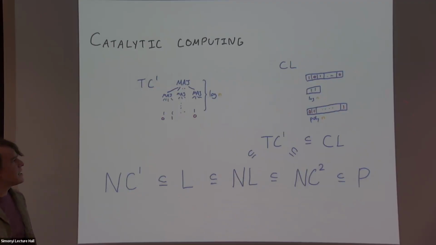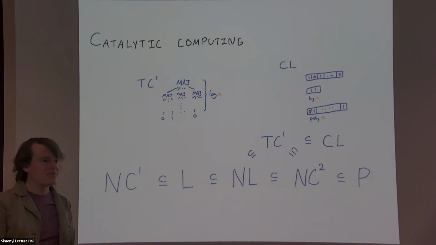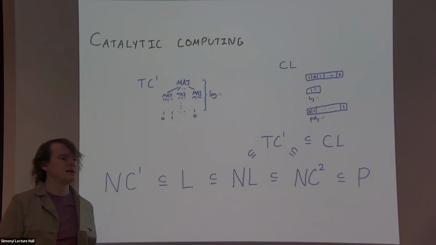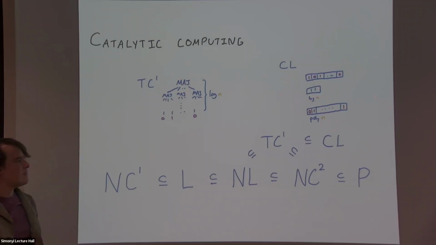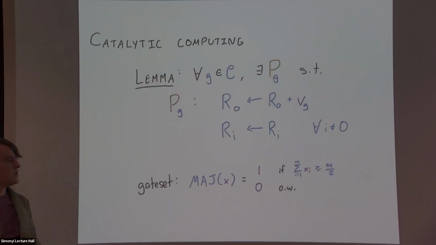And the reason that this helps you is because you can think of your register space as being this catalytic tape, which is completely filled in, because all of the programs that we design are agnostic as to what's already in the registers. So at the top level, you can allocate just a little bit of your working memory to be that register to get your answer written in pure space. And all the rest of the computation is going to happen inside this polynomial length catalytic tape. So that's the power of this kind of lemma.